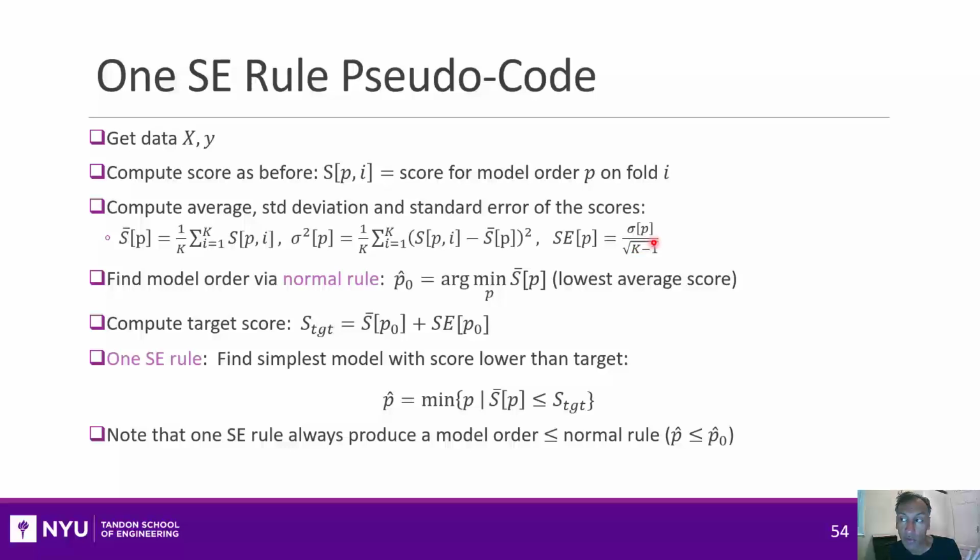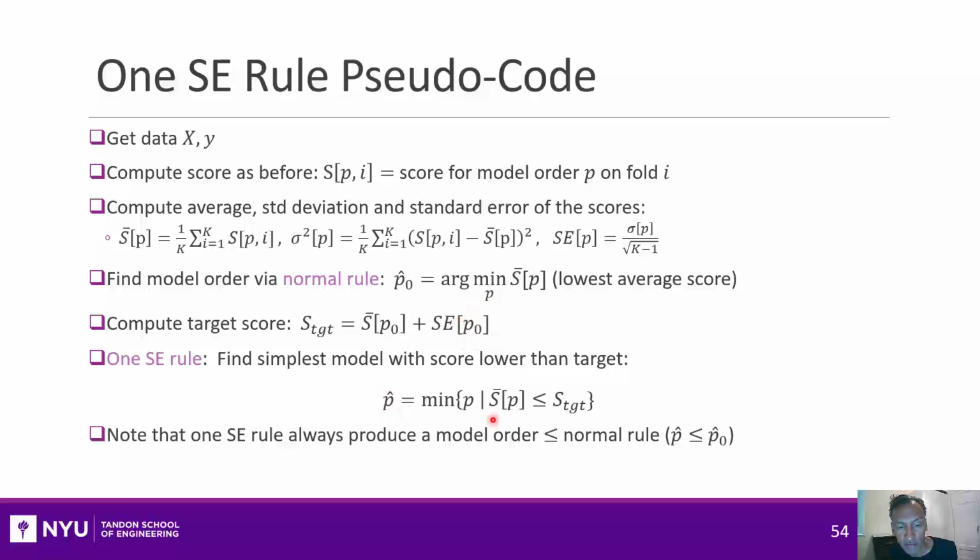Now, what I would have done before is what's called the normal rule. I would have picked the model order that has the minimum average score across the folds. That's just minimizing this S bar. But if you want to be a little more conservative, and you often do, you should do the following, which is compute a target value which is a little higher than that score, which is the average value plus the standard error at that model order.